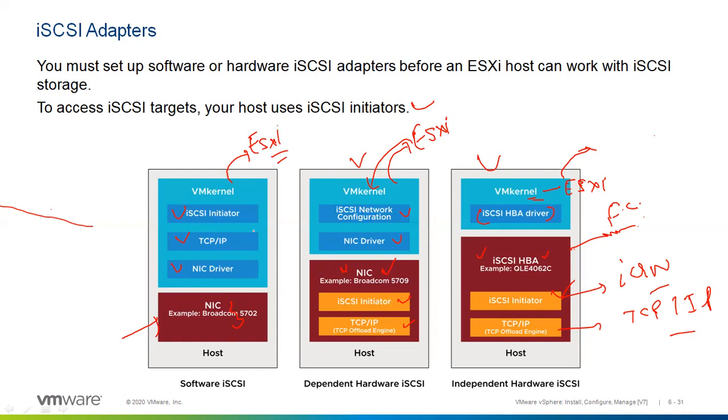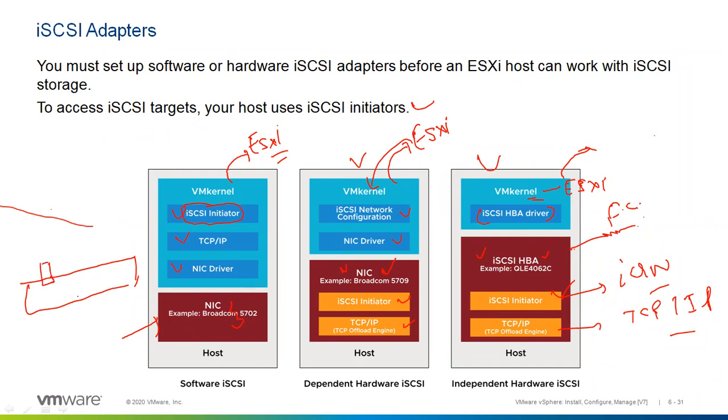Any doubt on all these three adapter types? So here we need to configure the initiators also. What I will do in this topology, let us suppose you have a simple Ethernet card, no iSCSI driver, nothing.